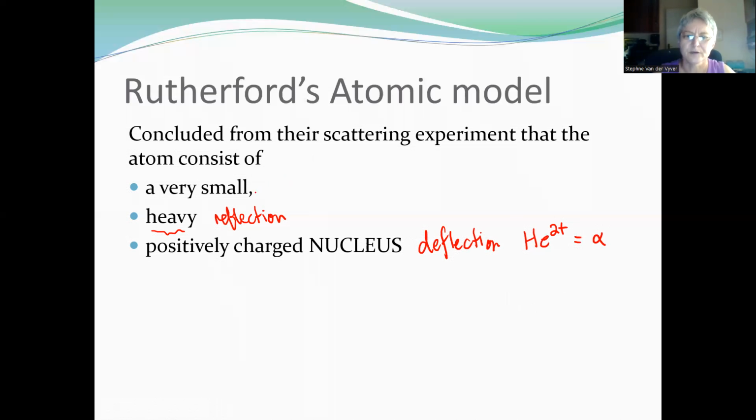And the very small comes from the fact that most of the alpha particles went through the gold undeflected.